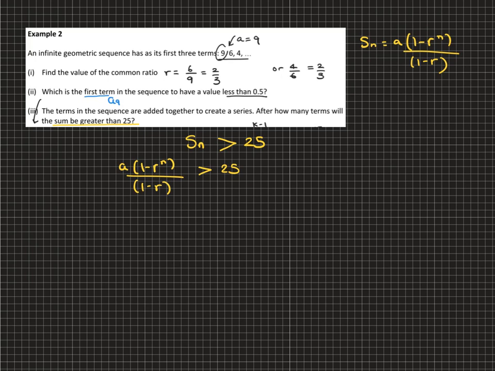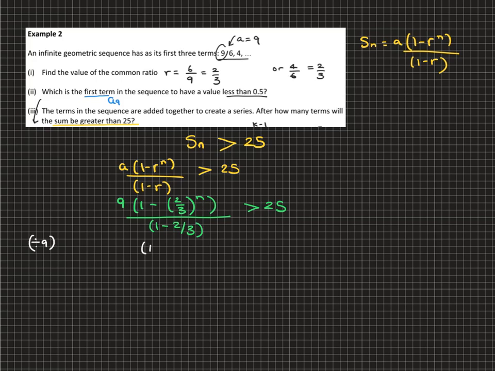Let's sub in our values. So a is equal to 9. So we have 9(1 minus 2/3 to the power of n) over 1 minus 2/3 to be greater than 25. So again, let's be very careful as we deal with this, because this is an inequality. So you really, really need to be a little bit more careful than you would normally. Now, dividing by 9 is fine, because 9 is positive.